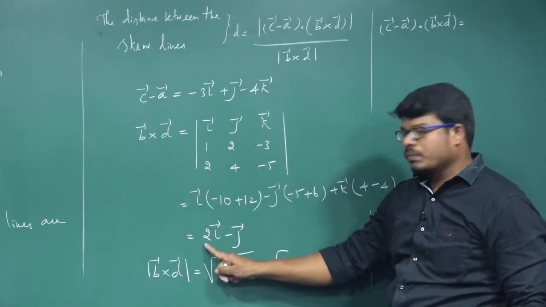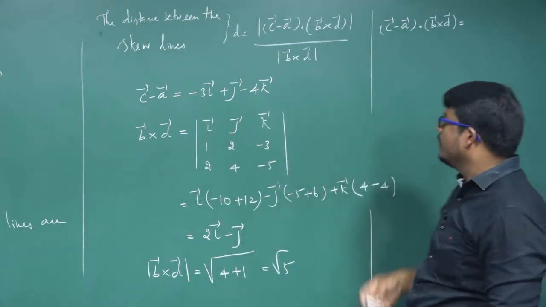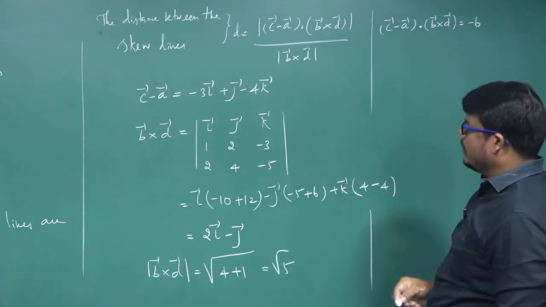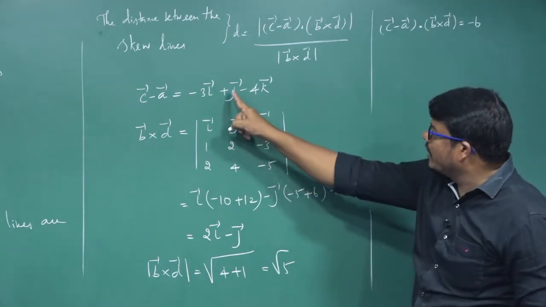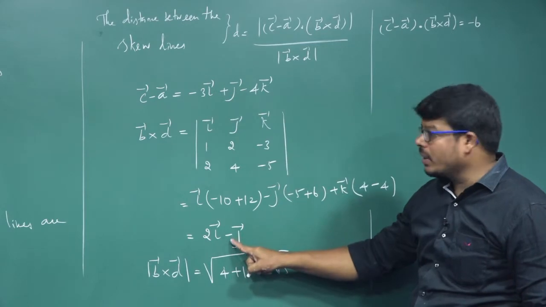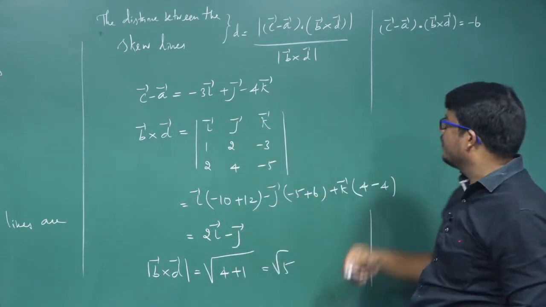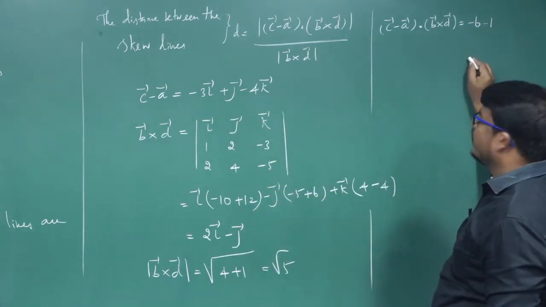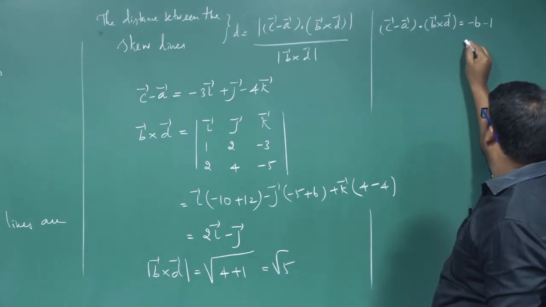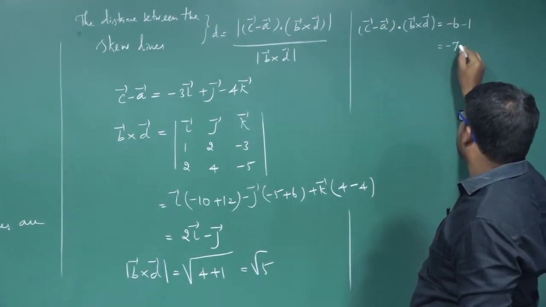Minus 3 into 2 is minus 6. Next, plus 1 into minus 1, that is minus 1. That is equal to minus 7.